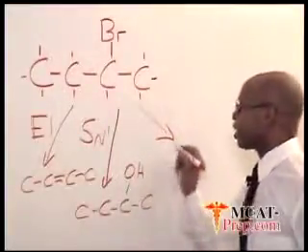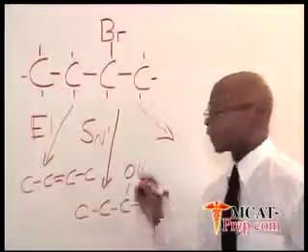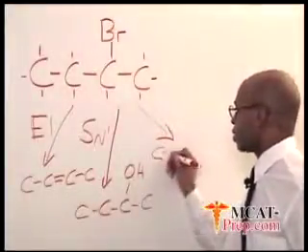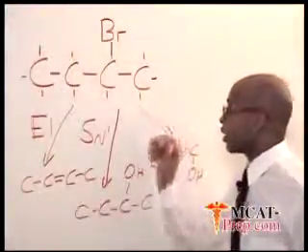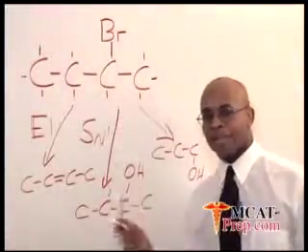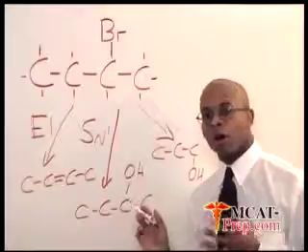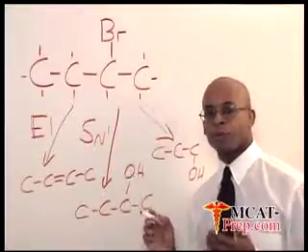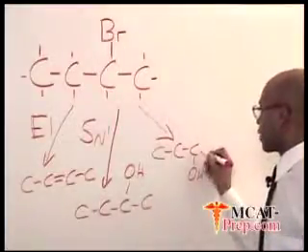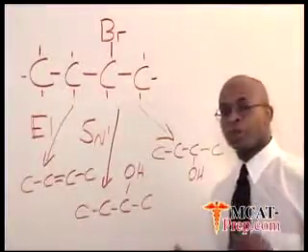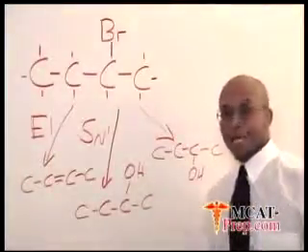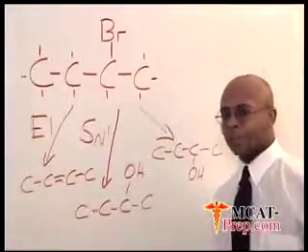And therefore, one of the possible products of this reaction would be carbon, carbon, carbon, then an OH group, which would have to come in from behind, backside displacement, meaning that all the molecules will end up being inverted. So we again have 2-butanol, or a secondary alcohol, as our product.